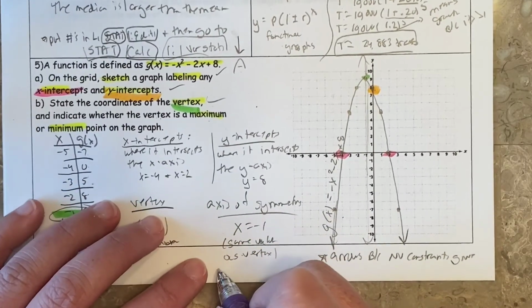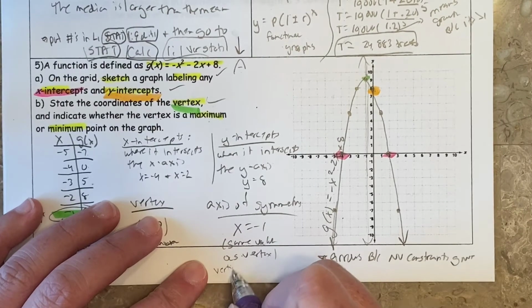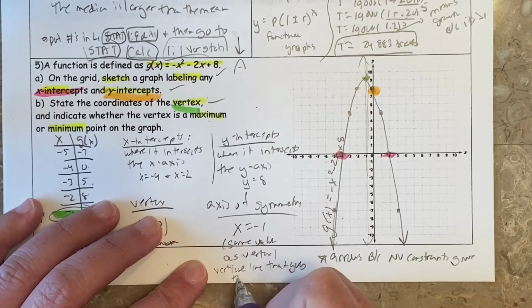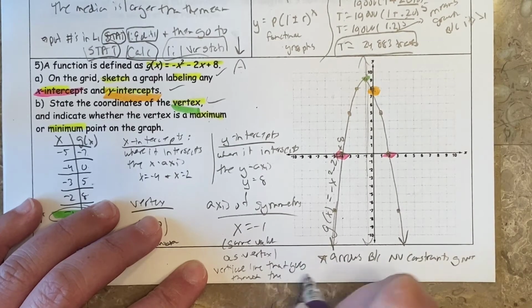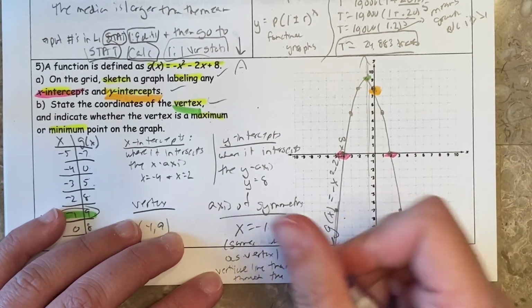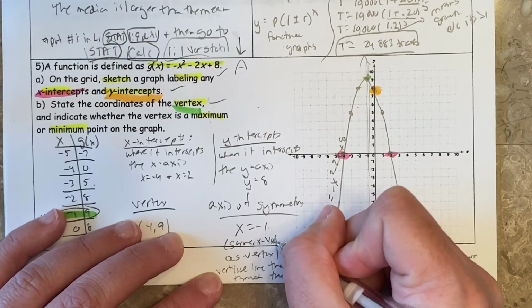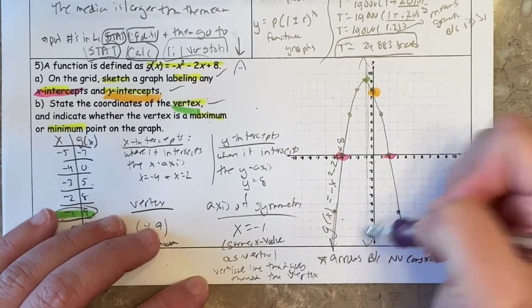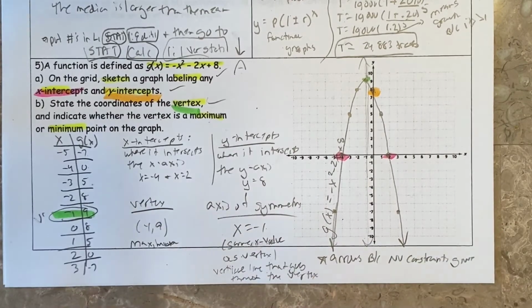I'll write: vertical line that goes through the vertex. So it's got the same x value as the vertex, and it's a vertical line that goes through the vertex. Basically splits the graph in half.